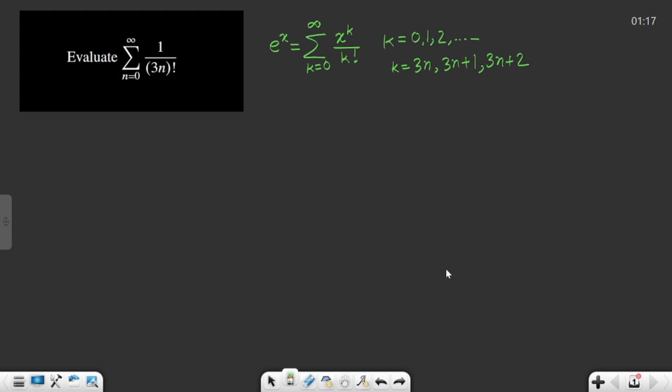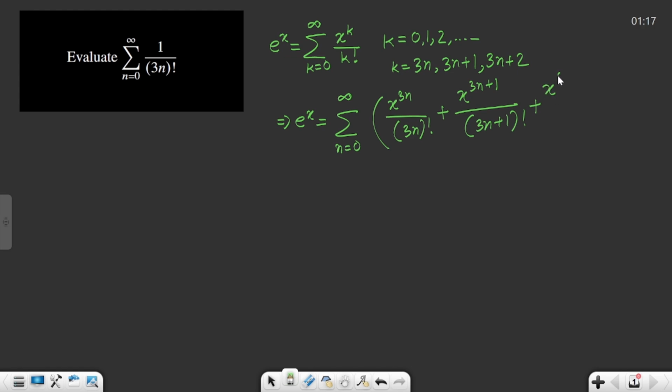So now we will apply the same logic here. We can write e to the power x as the summation n equal to 0 to infinity of x to the power 3n upon 3n factorial plus x to the power 3n plus 1 upon 3n plus 1 whole factorial plus x to the power 3n plus 2 upon 3n plus 2 whole factorial.